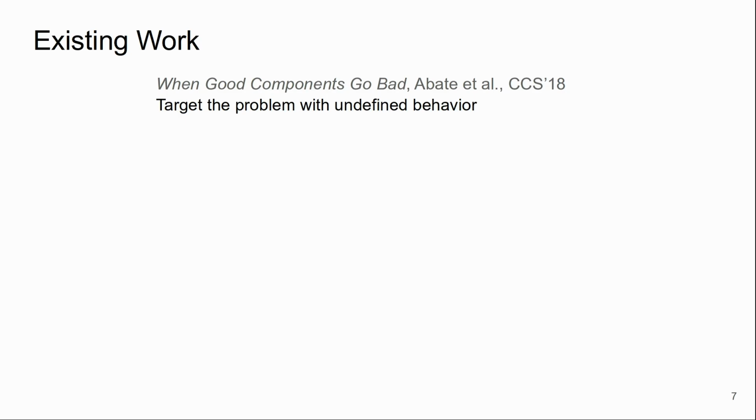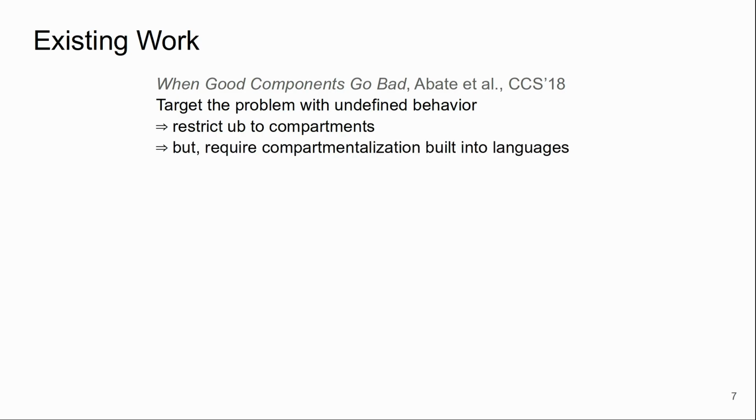First, "When Good Components Go Bad" by Abate et al. targets the problem with undefined behavior. They changed the notion of robust safety preservation such that undefined behavior may only affect single compartments, while other compartments stay uncompromised. But they require the semantics of the source and target language to have a notion of compartments built in.